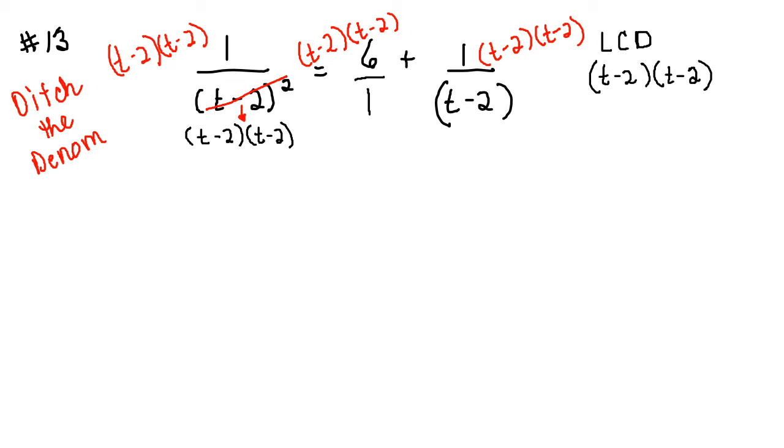All right, so I'm going to be able to cross this one out and this one out, which just gives me a 1 that's left here. And so I start rewriting down below. Obviously up here on the next one, it's going to be 6 times t minus 2 times t minus 2.